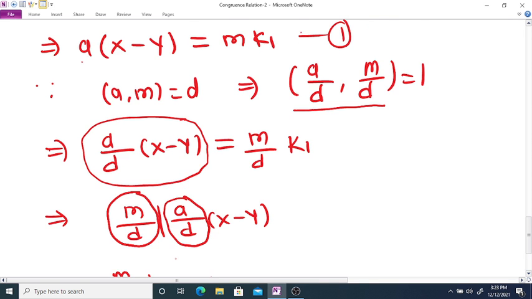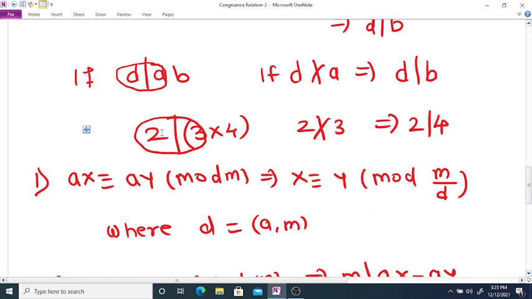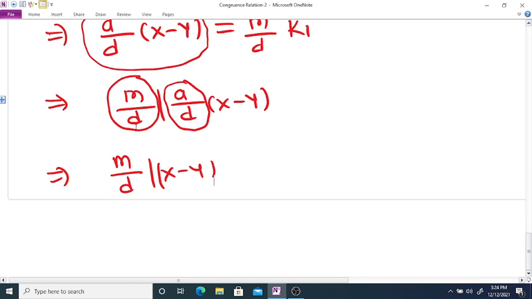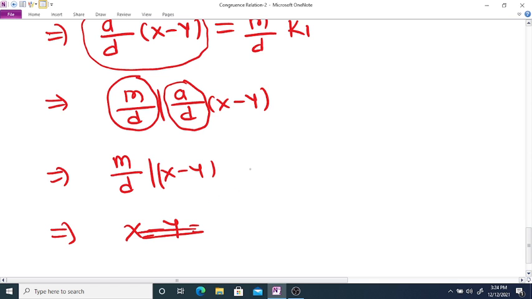From the previous example, you can see 2 divides 3 into 4, but 2 does not divide 3, implies 2 divides 4. Or if D divides AB and if D does not divide A, then D divides B. Here GCD of m by D and a by D is 1, and therefore m by D does not divide a by D, implies m by D divides x minus y. This is the definition of congruence.